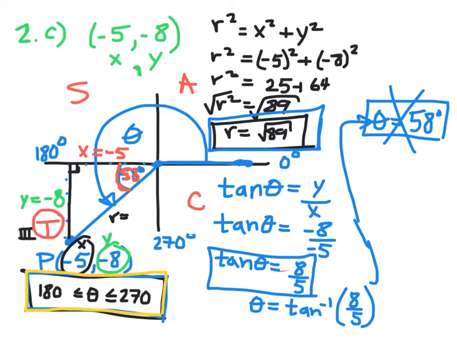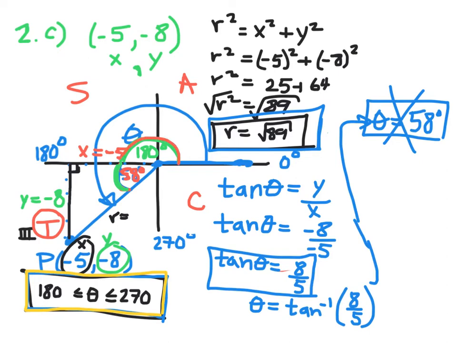Okay, so how do I fix this answer? This shouldn't be that big of a deal. We know that from here up to here, half of a circle is 180. And we also have to add this 58. So we have 180, so I'll draw this in red.